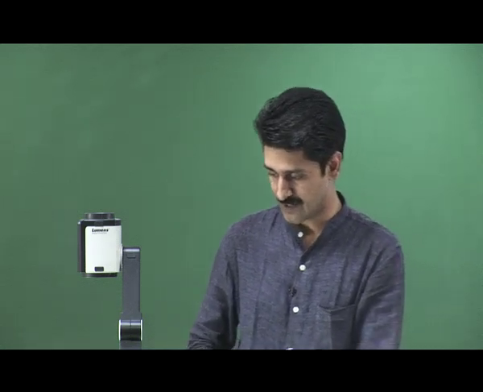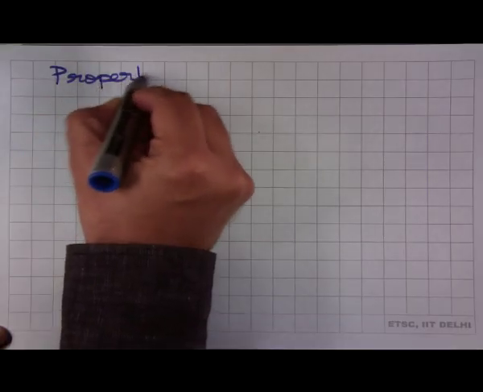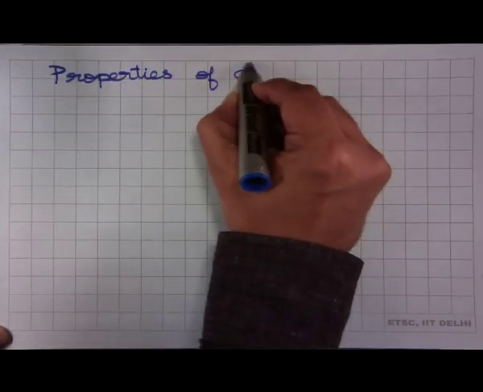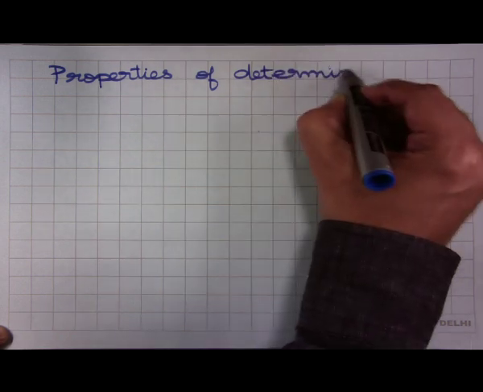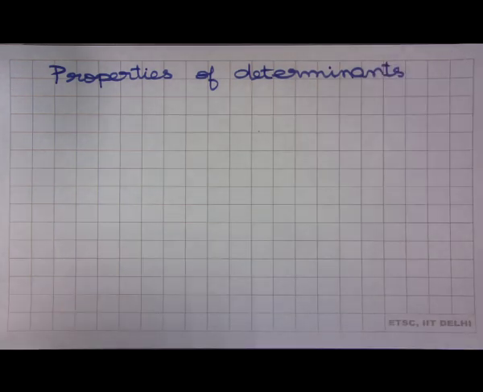Okay. So, properties of determinants. We will start off by noting the values of determinants of some simple matrices.